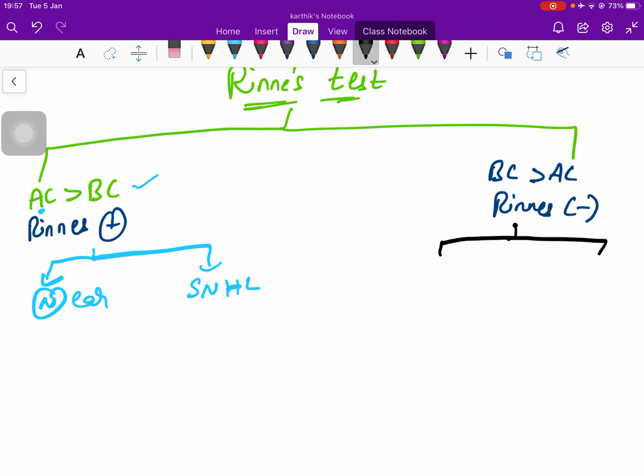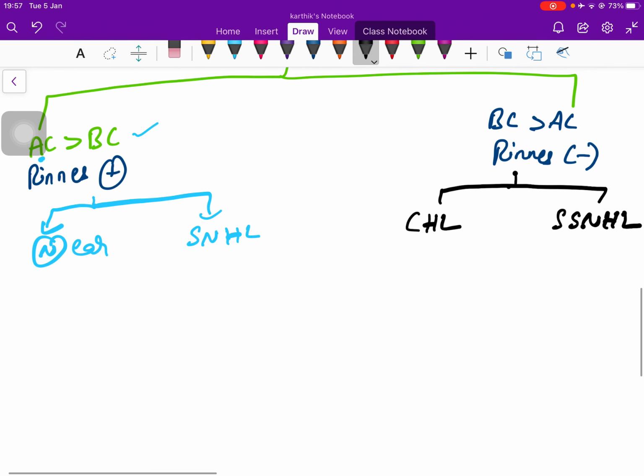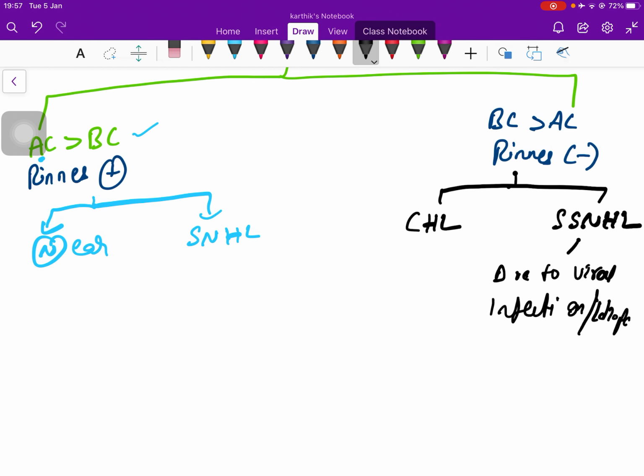Whereas if bone conduction is greater than air conduction, it can be conductive hearing loss or severe sensorineural hearing loss. Sudden severe sensorineural hearing loss can be due to viral infection or any idiopathic cause, and this can be reversible with steroid administration.